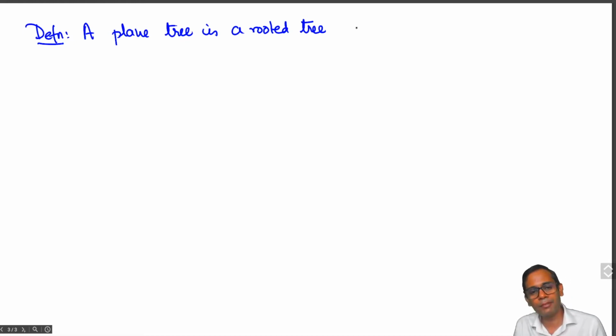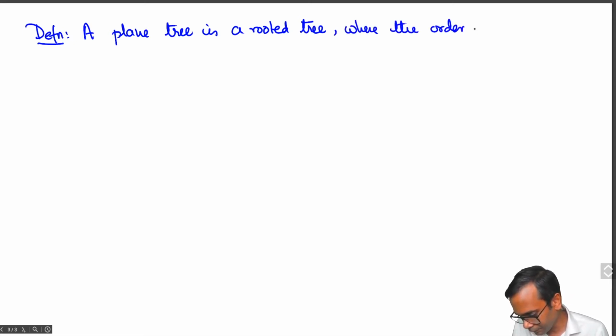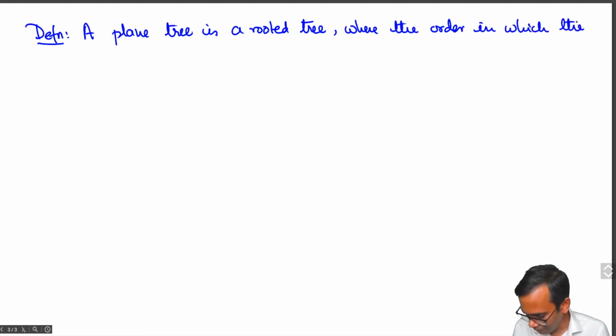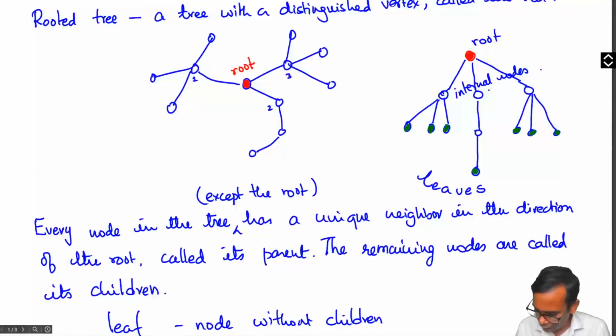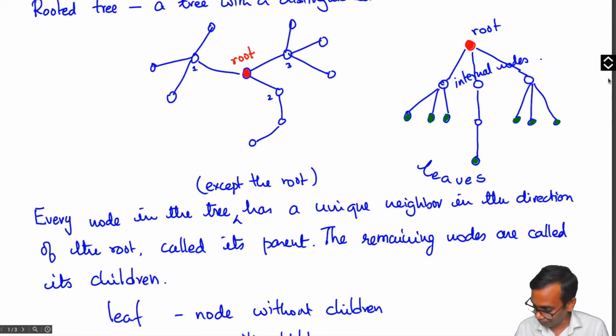So you could think of it as drawn on a sheet of paper. By subtree I mean you take each node and you look at the tree that descends from it, and you can call that the subtree with that node as the root.